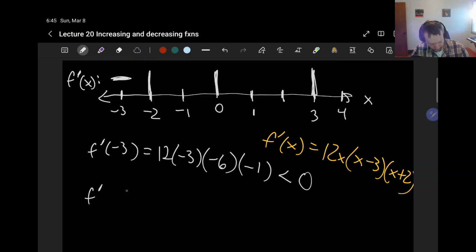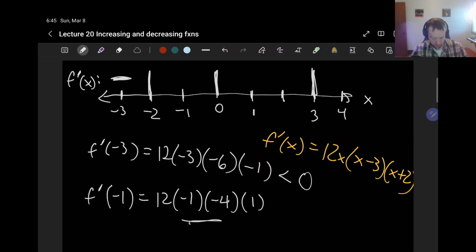Next, -1 makes for a very good test point. -12 times -1 times -4 times 1. I've got a double negative here, multiplies to a positive. So the derivative is positive on that entire little interval from -2 to 0.